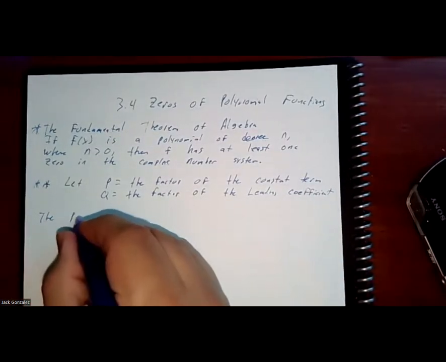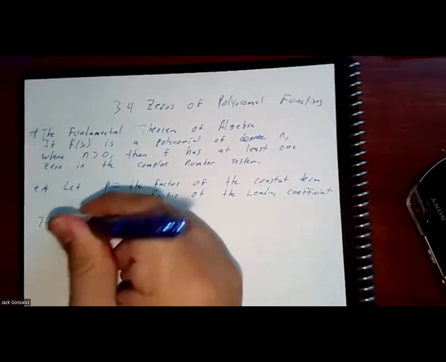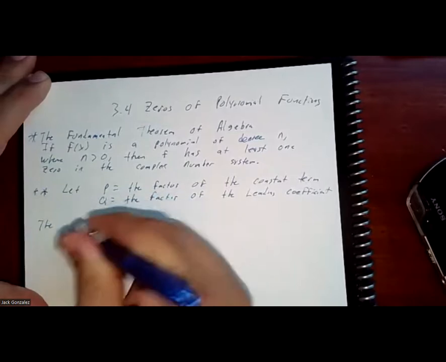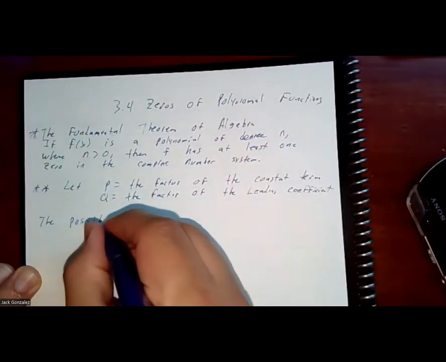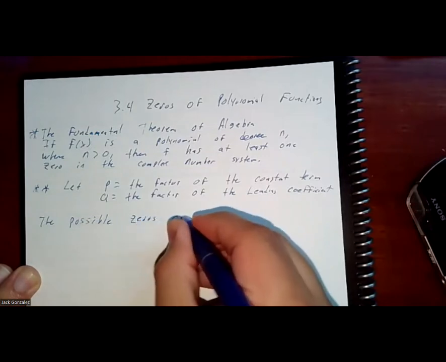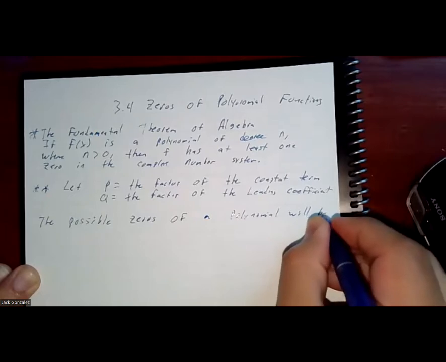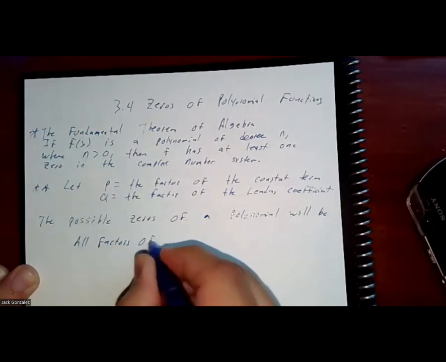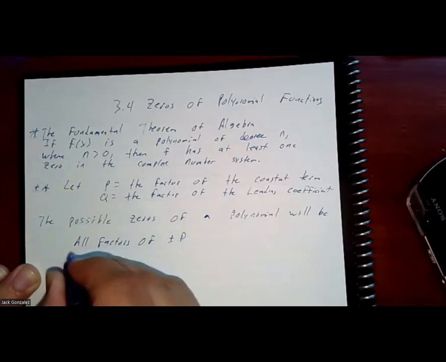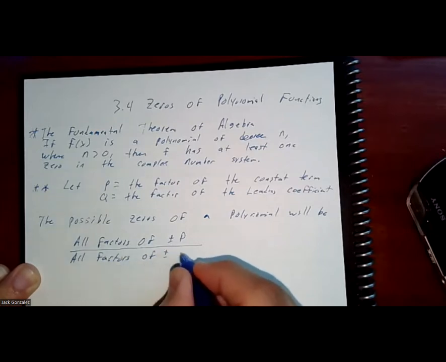The possible zeros of a polynomial will be all factors of plus or minus P divided by all factors of plus or minus Q.